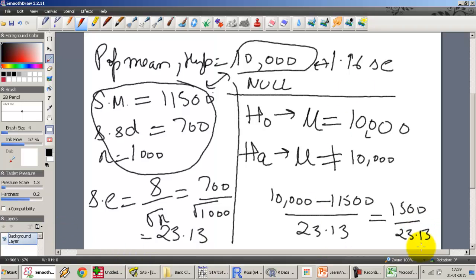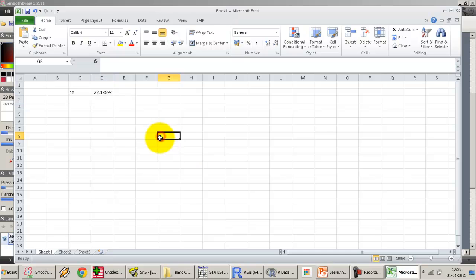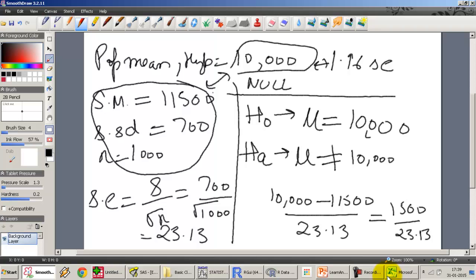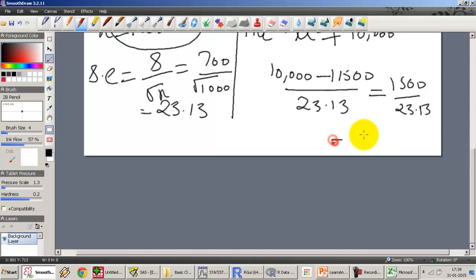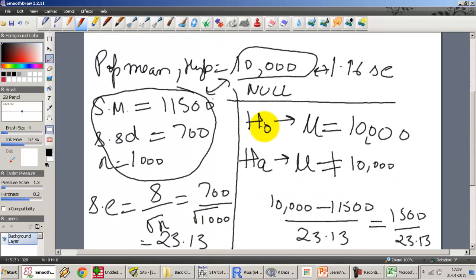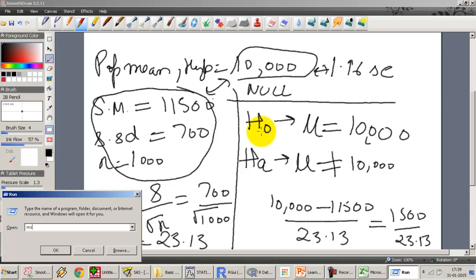Let's calculate this value exactly, which is equal to 1500 divided by 23.13, which is about 64.85, which is a very big number.